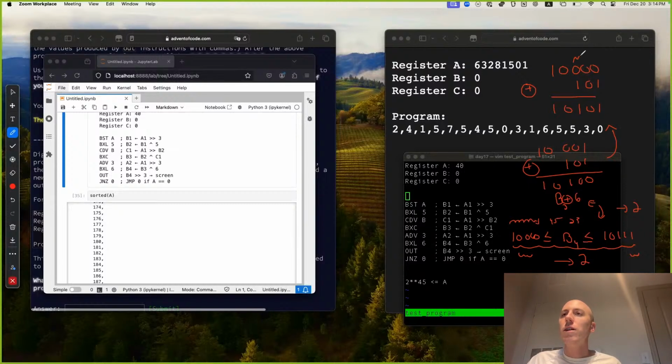But you're never going to get a smaller value than this, because XOR is never going to drop you below this. But is that a tight lower bound? Probably not.